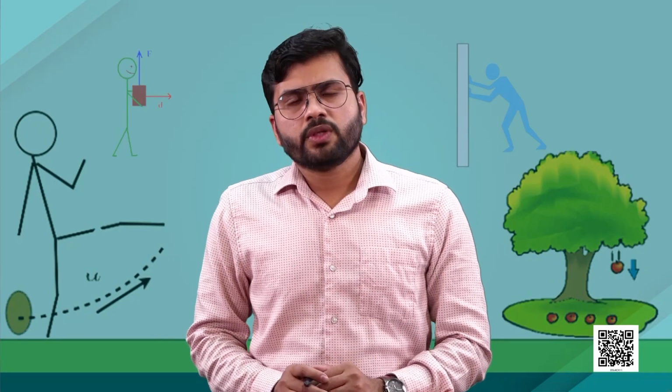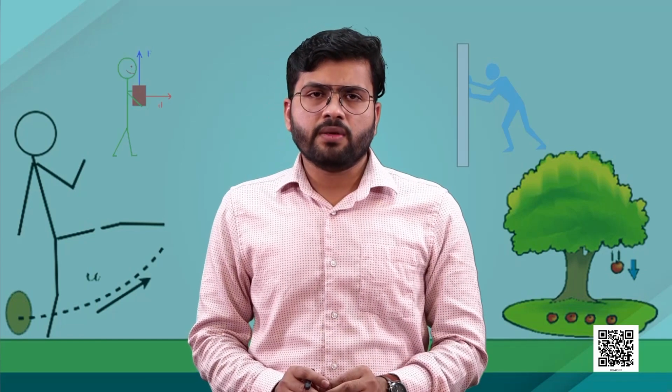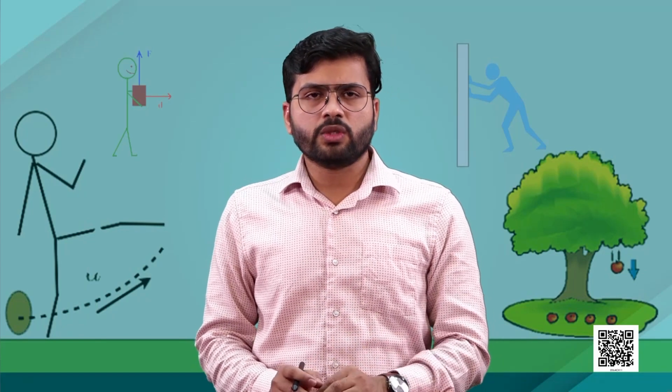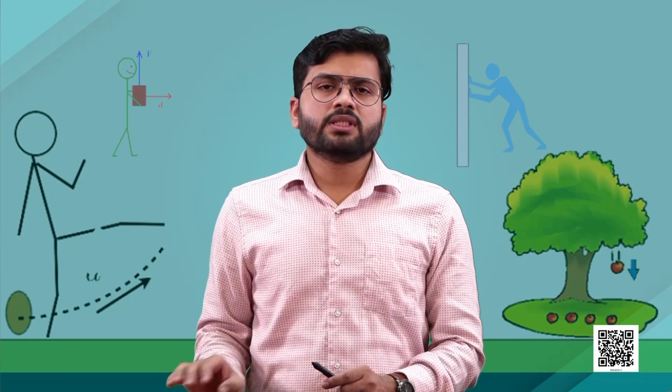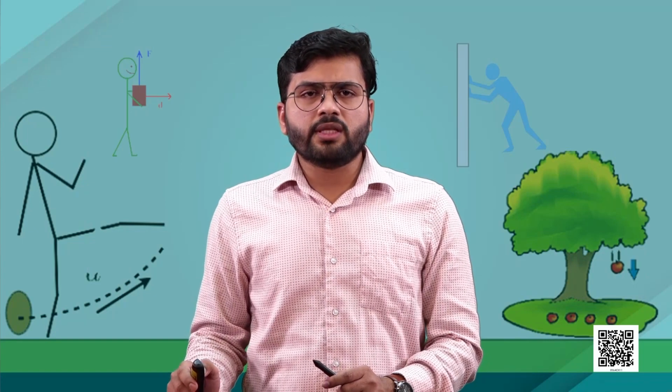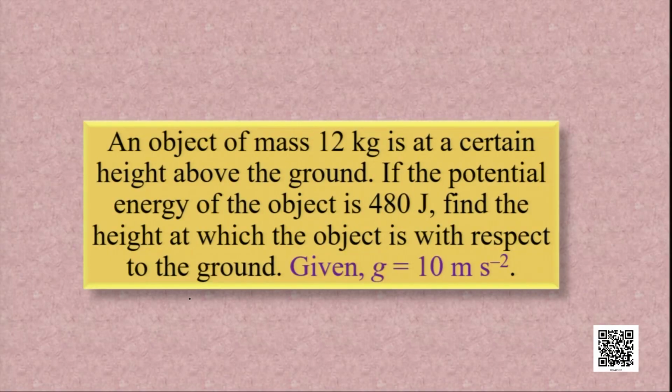Now, dear students, we will take another example, another numerical, so that we can understand this concept, this application, with much more clarity. So, here is the question in front of you. An object of mass 12 kg is at a certain height above the ground. If the potential energy of the object is 480 joule, find the height at which the object is with respect to the ground.